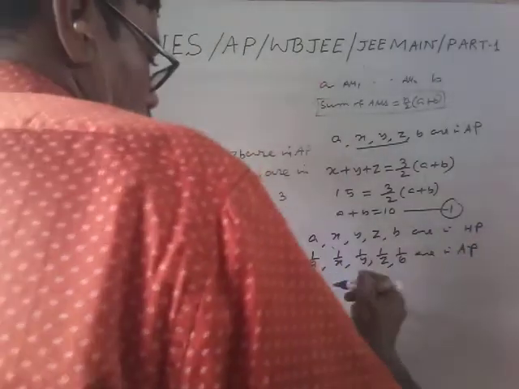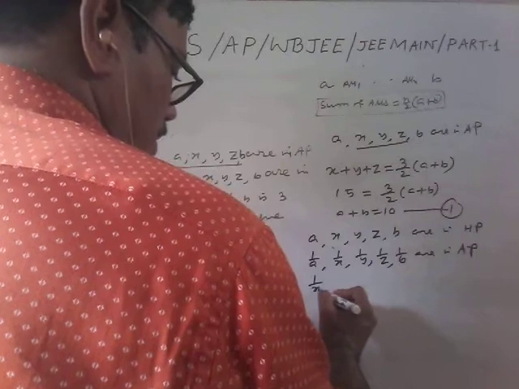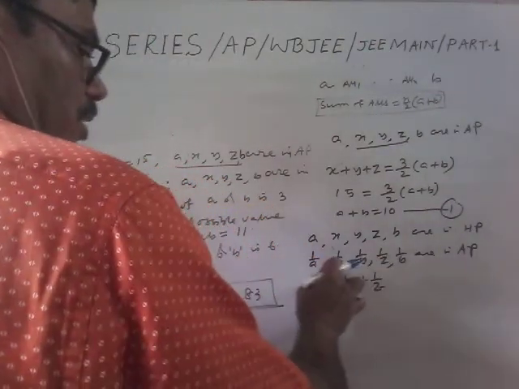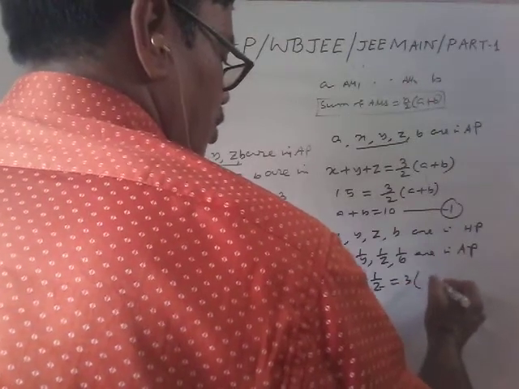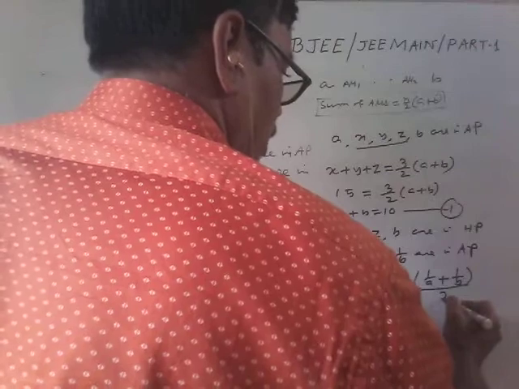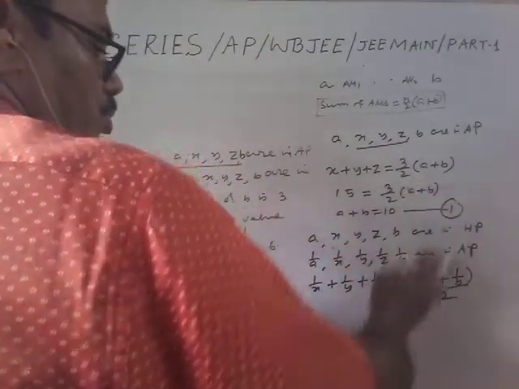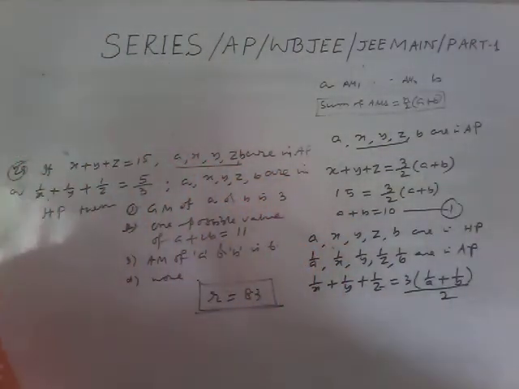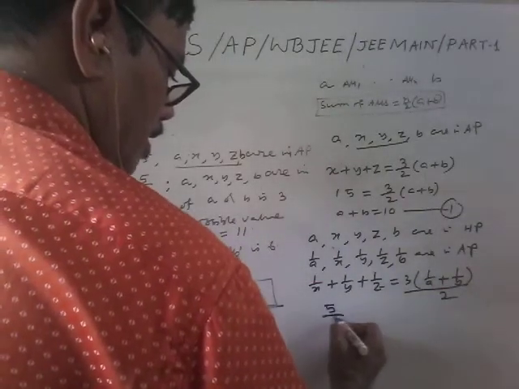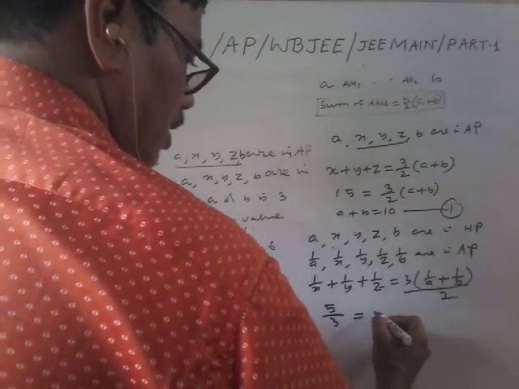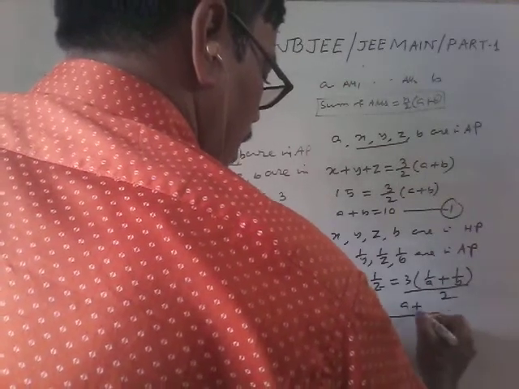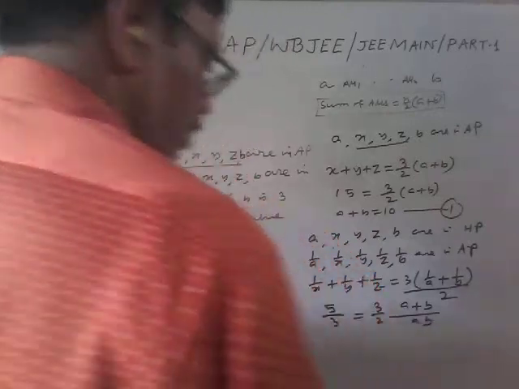So 1/x + 1/y + 1/z, the sum of arithmetic means, is 3 into (1/a + 1/b)/2, that is n/2 times first term plus last term. This is 5/3, so this is 3/2 and this is (a + b)/ab.